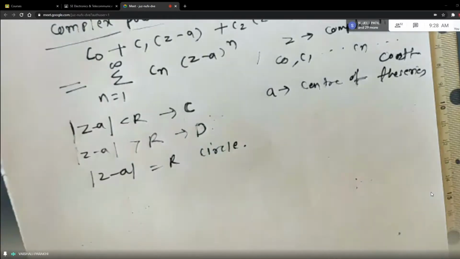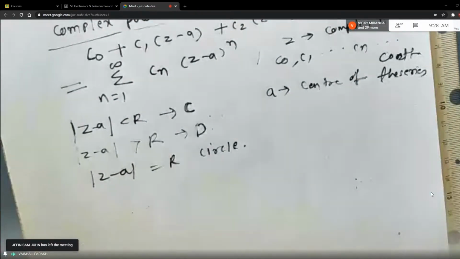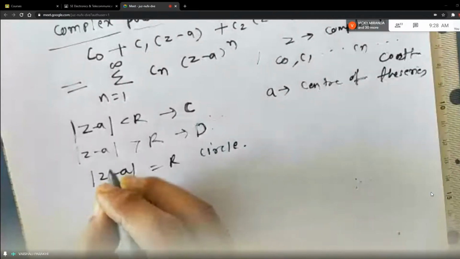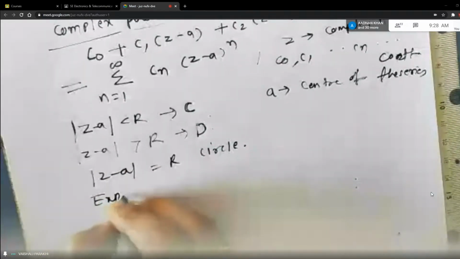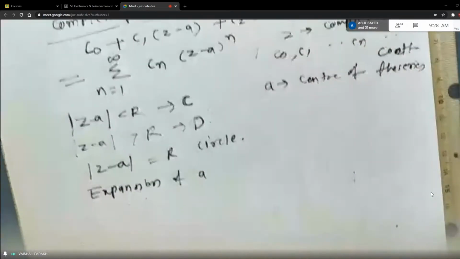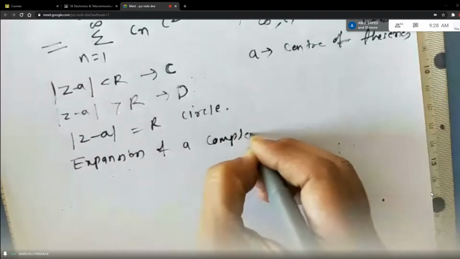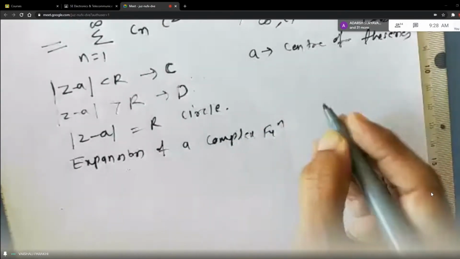Now the Taylor series method and the Laurent series method are different from each other, right? For example, the title is expansion of a complex function f of z.